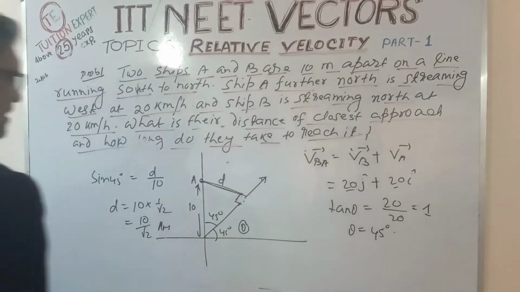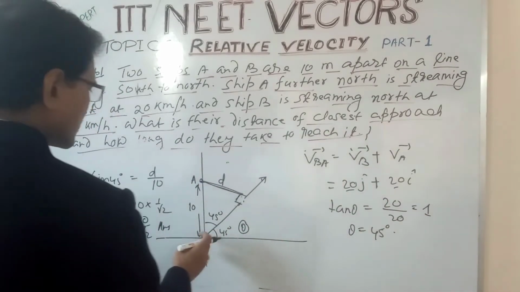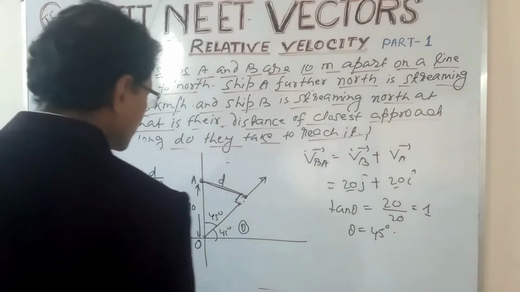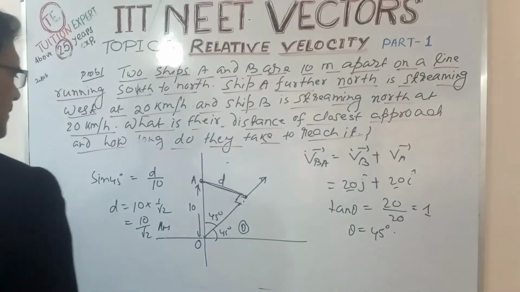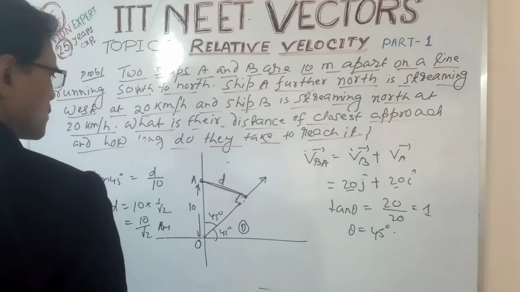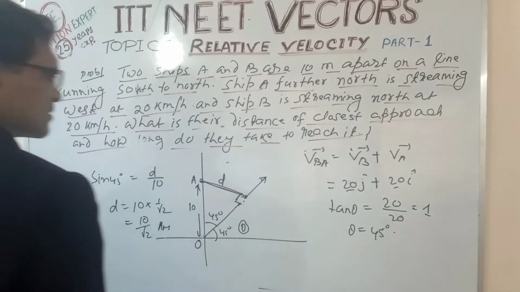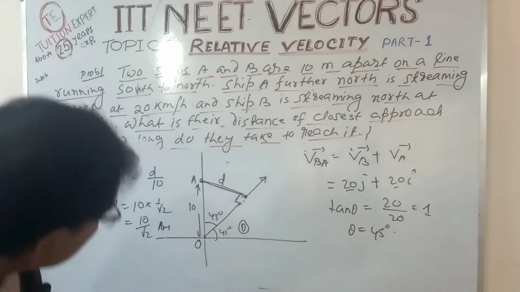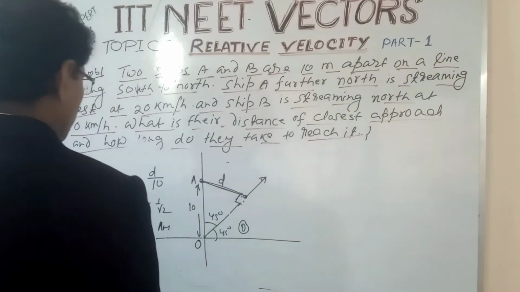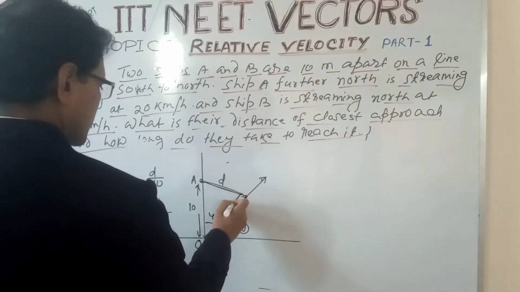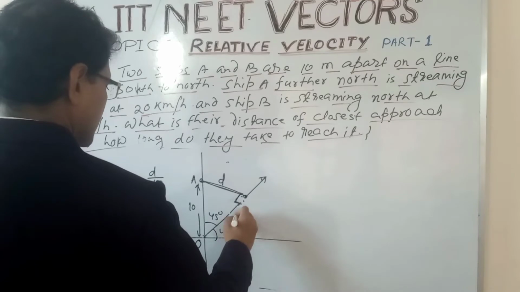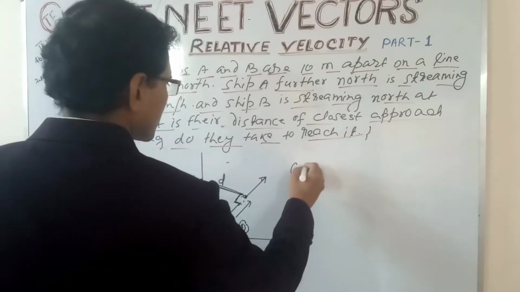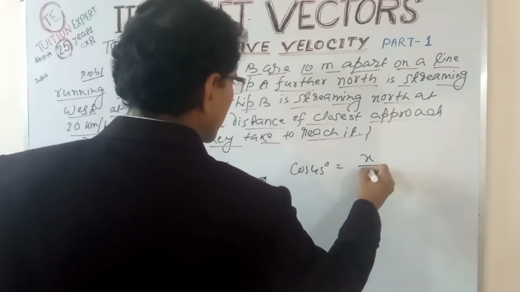Now how long does it take to find this? Now what is the distance? This distance will be, cos 45 degree equal to base by hypotenuse.